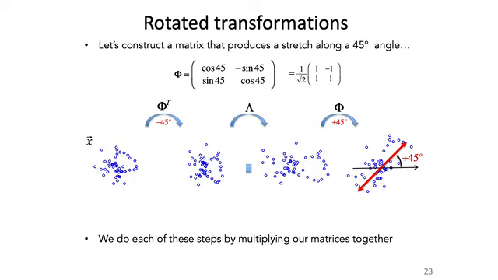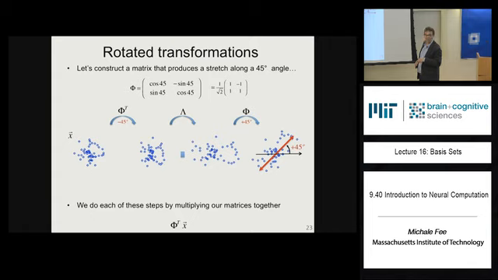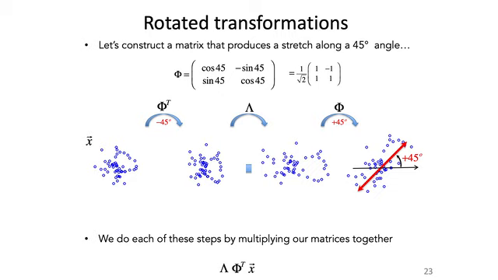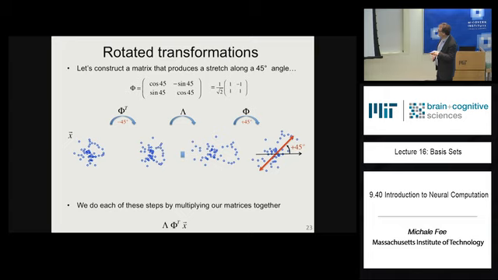When you do matrix multiplication, you take your vector x and multiply it on the left side by phi transpose. Then you take that and multiply it on the left side by lambda. And to get the final answer, you multiply again on the left side by phi.